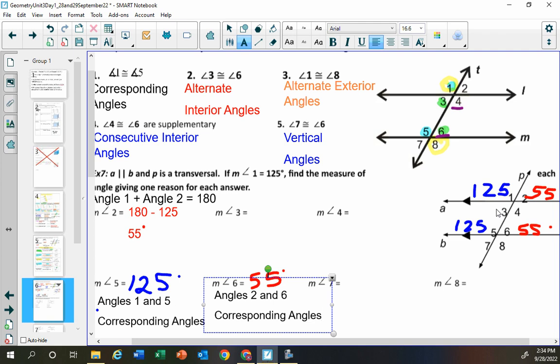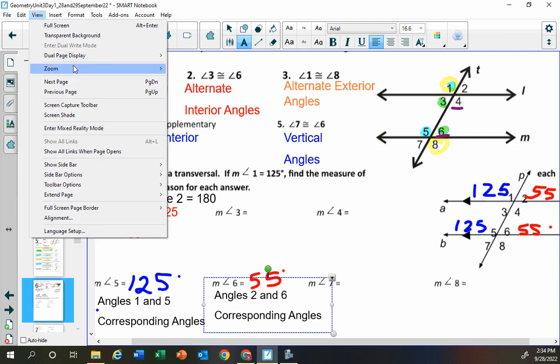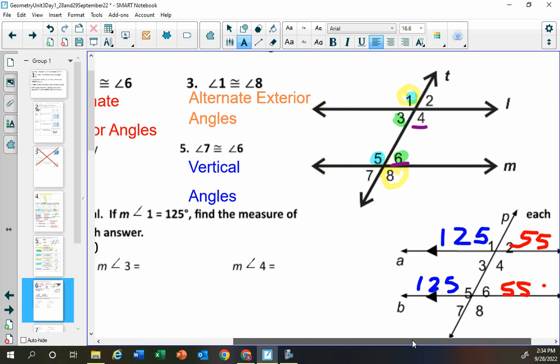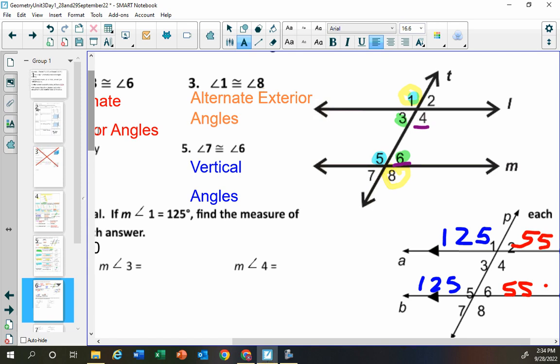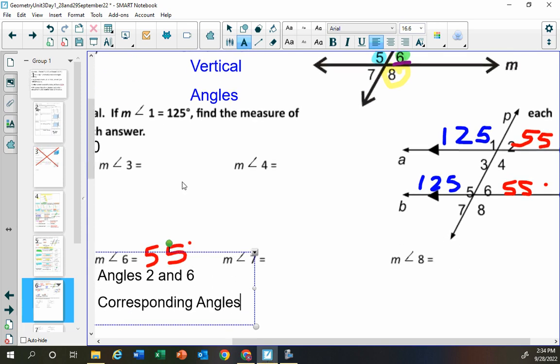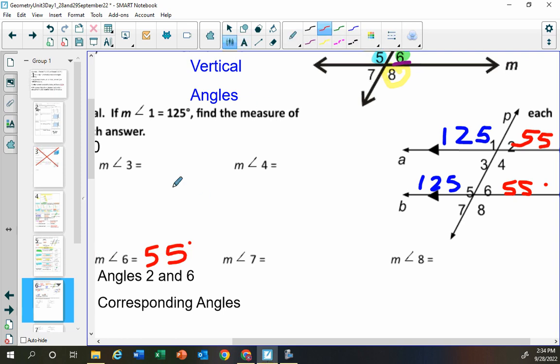So let's look at angle 3. I'm going to zoom in on angle 3 a little. They're congruent. Who's congruent? 3 and 6 can work. 3 and 6 are going to be congruent. I thought we were alternate interior angles, right? That's right.